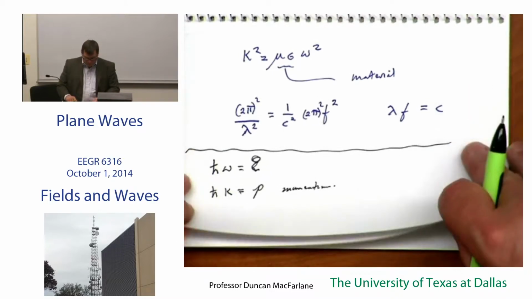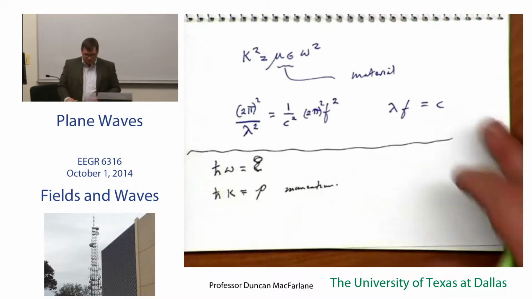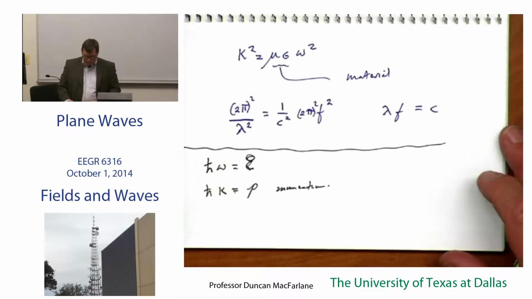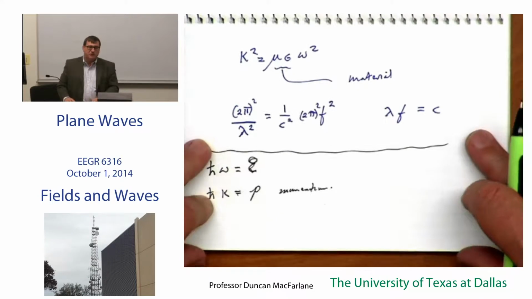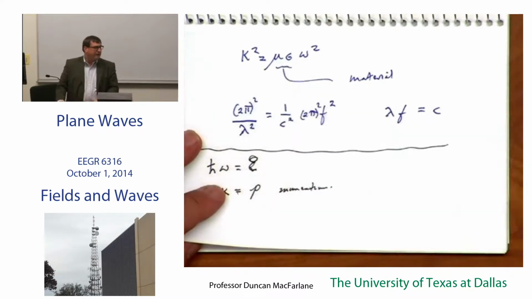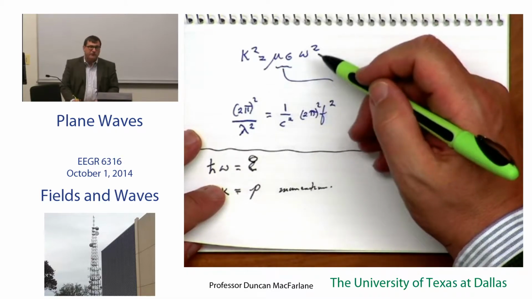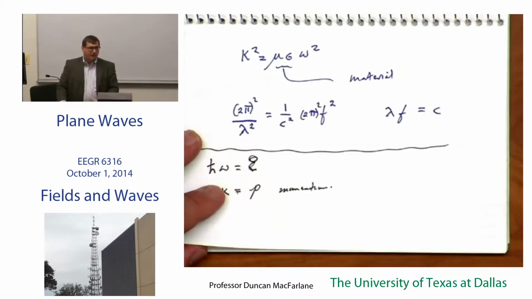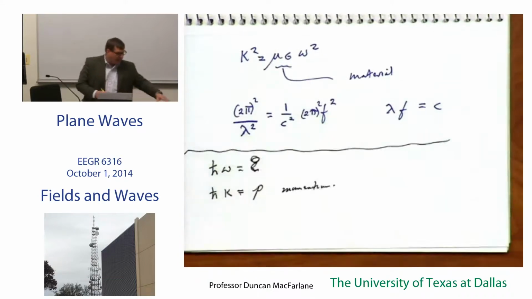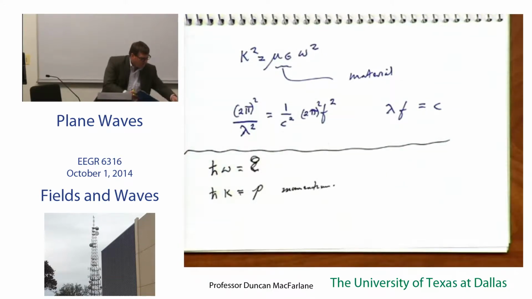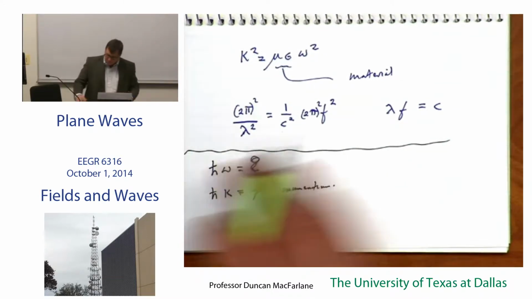So we'll get more on that later on, but I just wanted to talk to you a little bit about that. So generally speaking, this is called the dispersion relationship, because if mu and epsilon are functions of a frequency, then as I vary this frequency, I change my speeds and my wavelengths and so on. Okay.